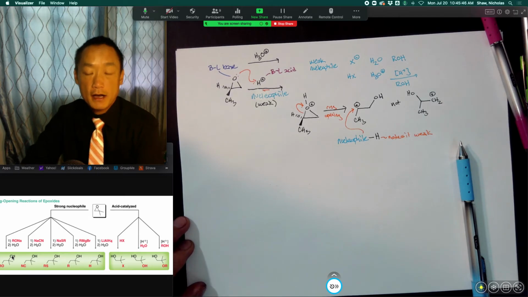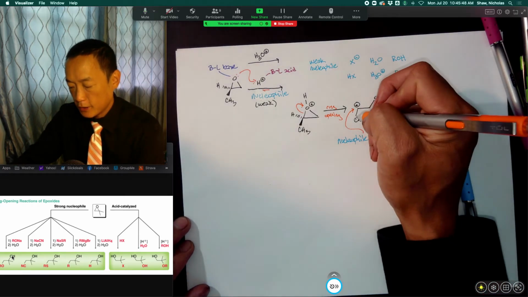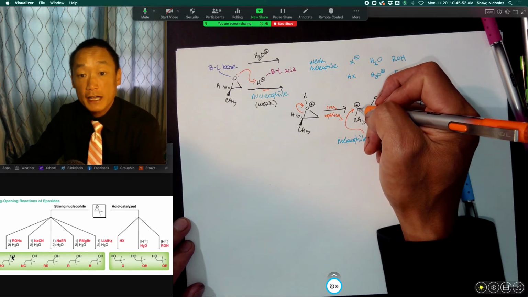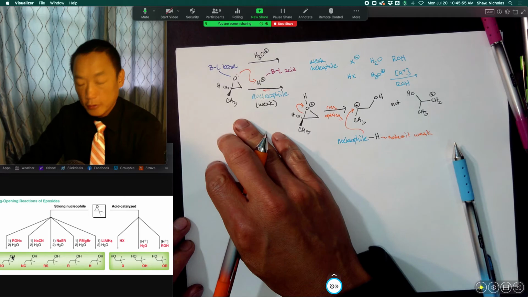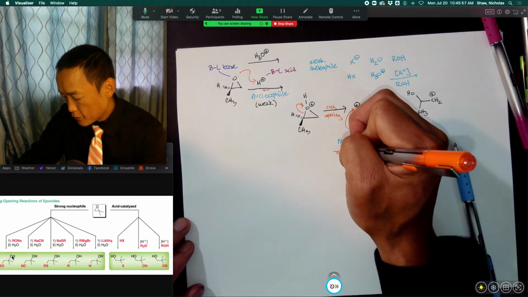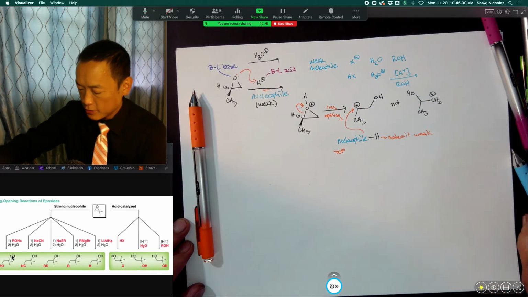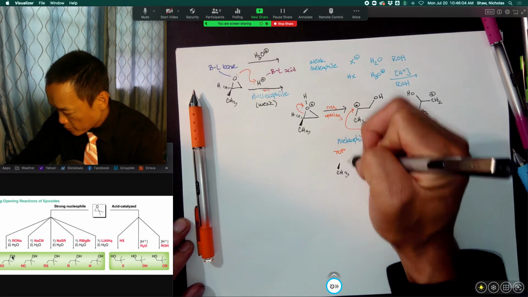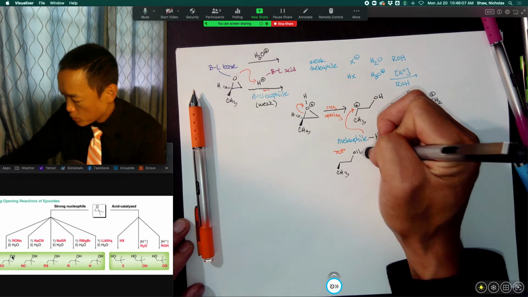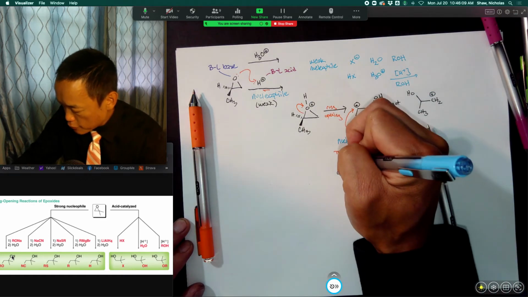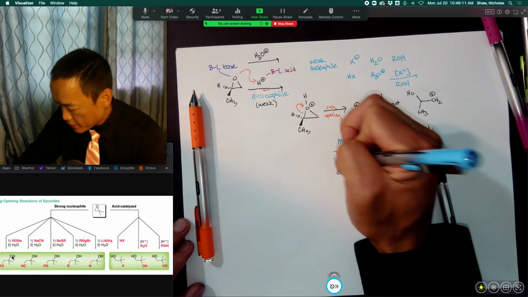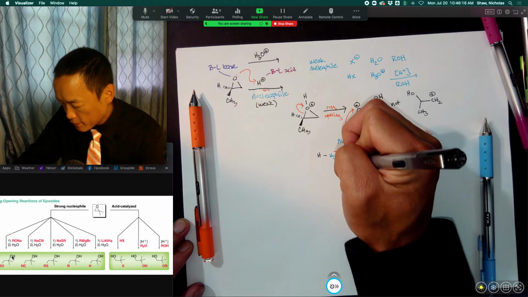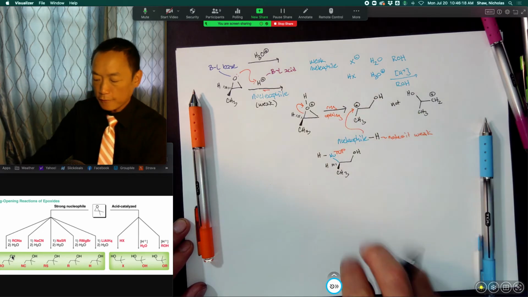But you have a planar carbocation, an sp2 hybridized carbon, and so you could have top addition, where you have a new nucleophile bond that has been formed that preserved the chirality.